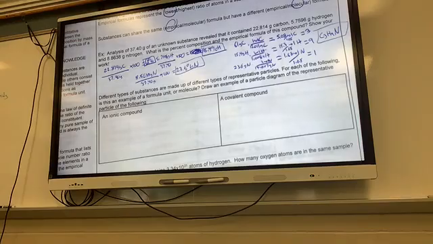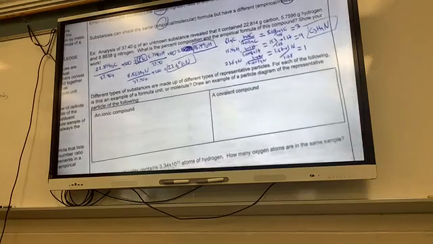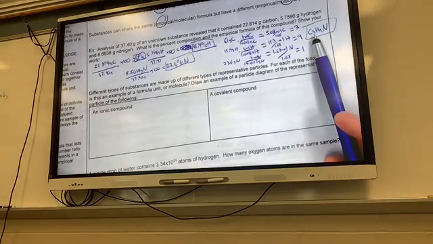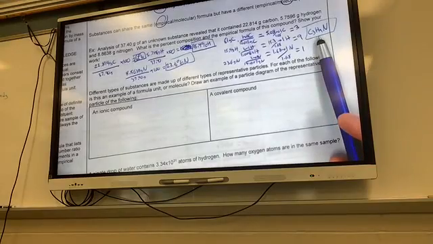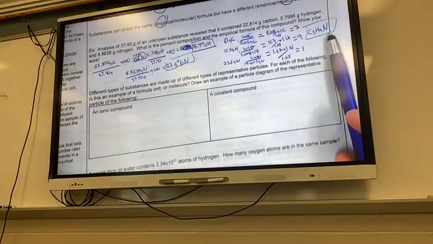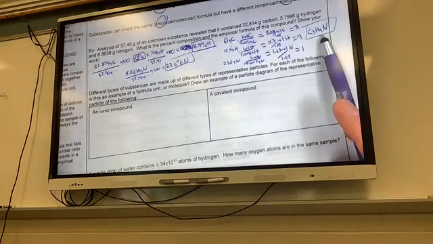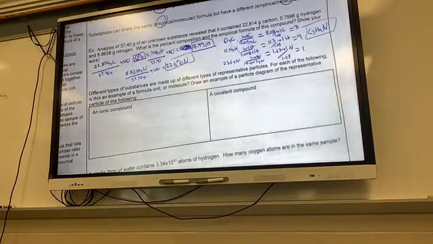And it asked, what would be the molecular formula? So, what's 3 times 12? 36 plus 9, 45 plus 14, 59. Almost 60, right? So 60 would be multiplied by what to get to 120? 2. So my molecular formula would have been C6H18N2. I was 1 gram off.